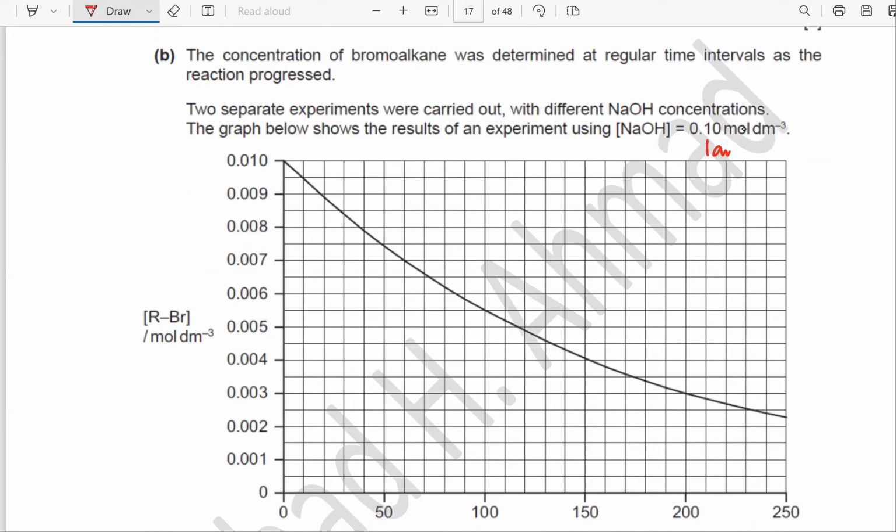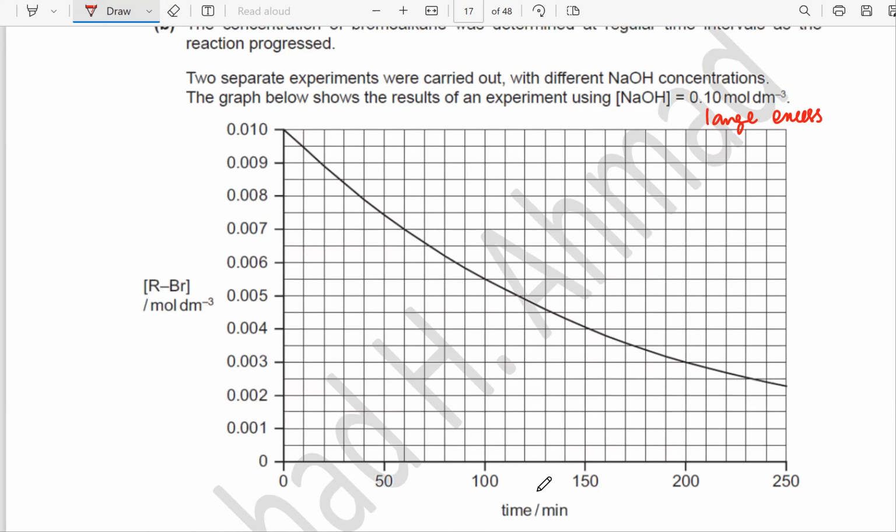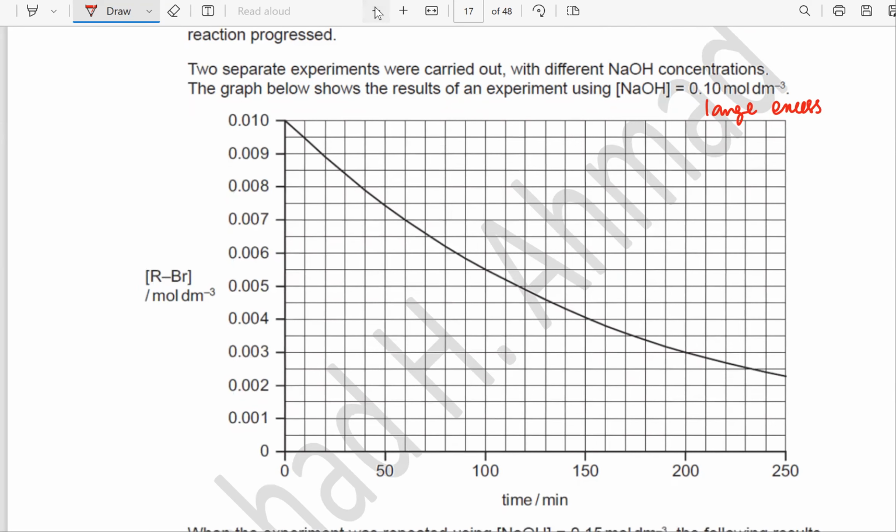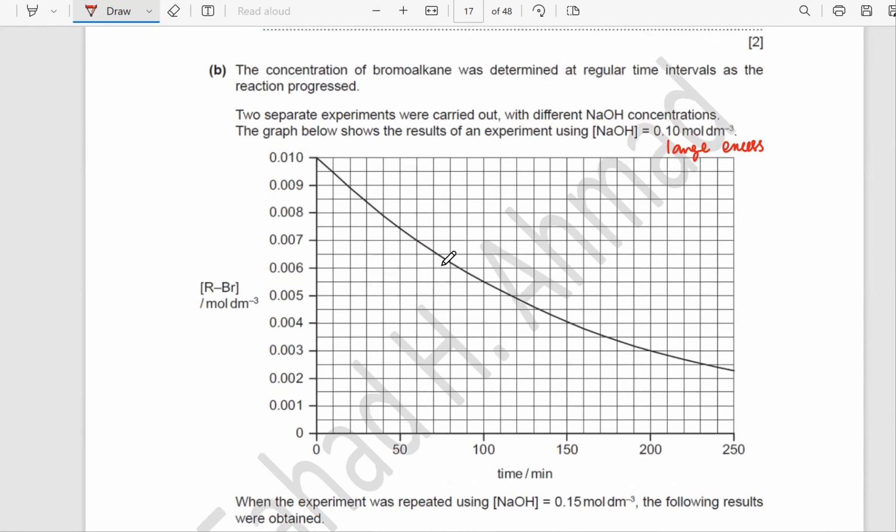OH ions की जो quantity है ना, that's 10 times. Maximum 0.01, फिर आहिस्ता आहिस्ता it starts decreasing as the reaction proceeds. So from a maximum of 0.01, NaOH जो use किया ना, that's 10 times more. So that's in large excess.